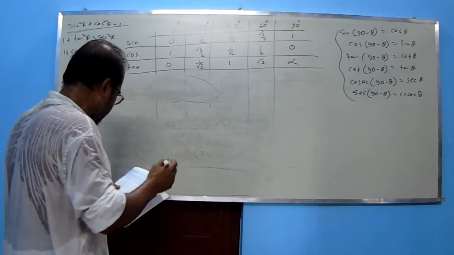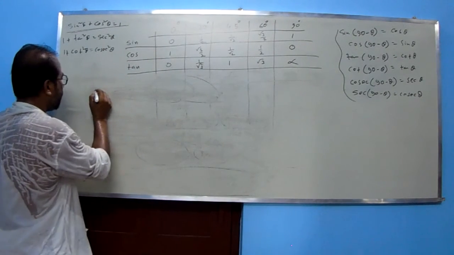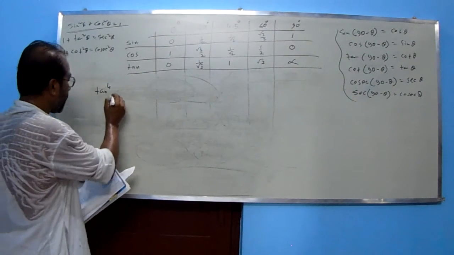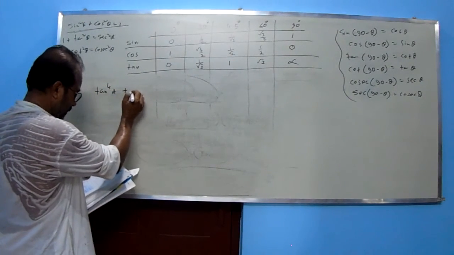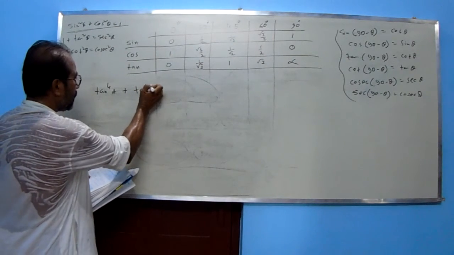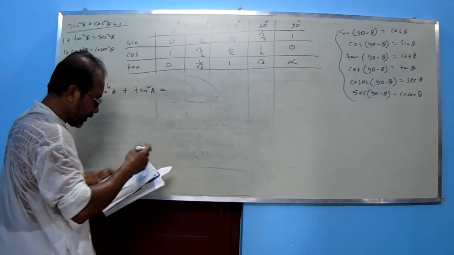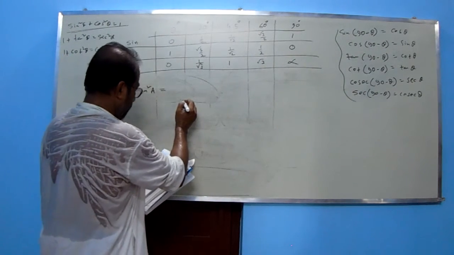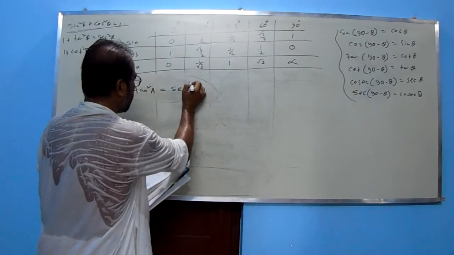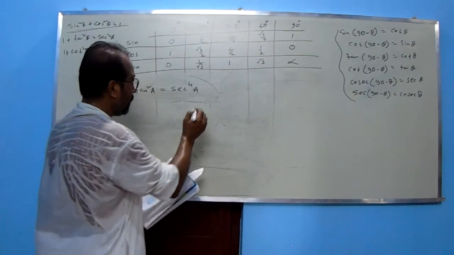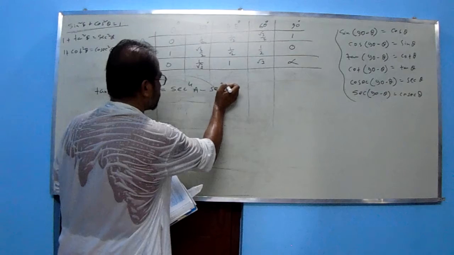In the same way, they have given tan to the power 4a plus tan square a, which should be changed over to sec to the power 4a minus sec square a.